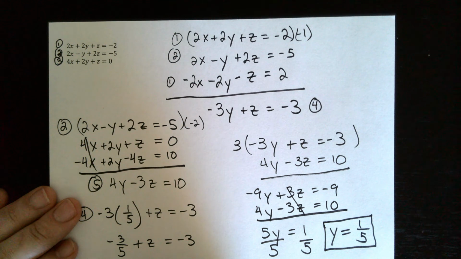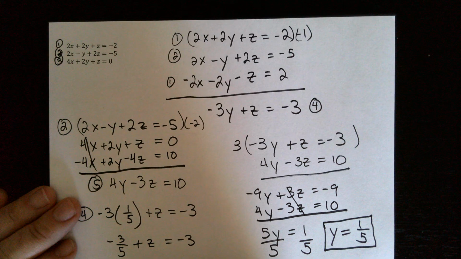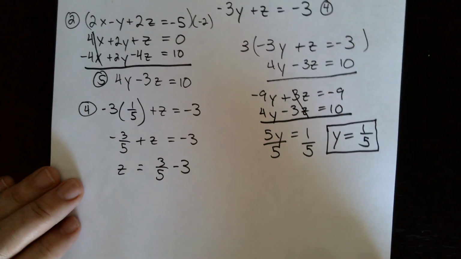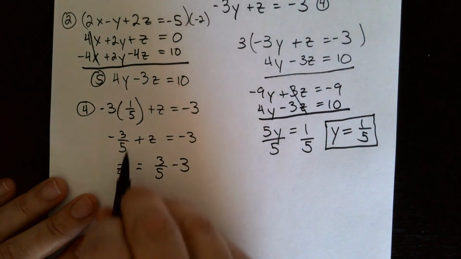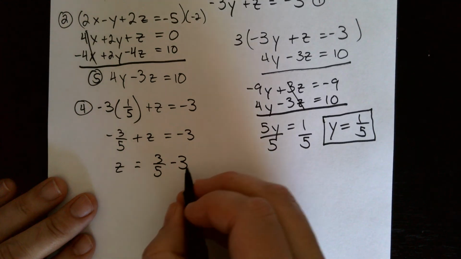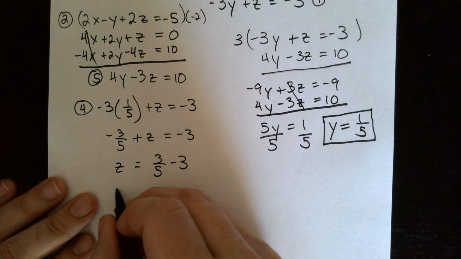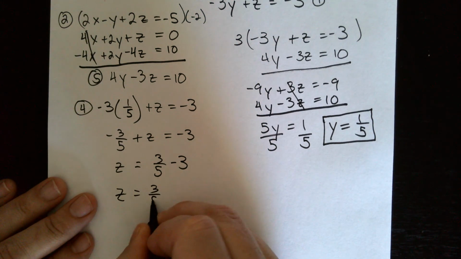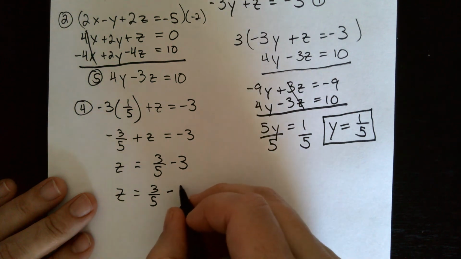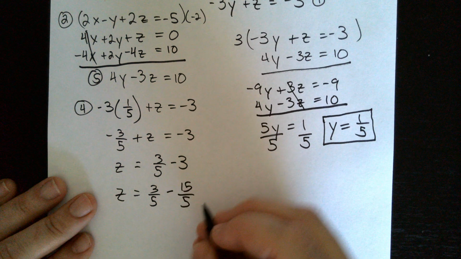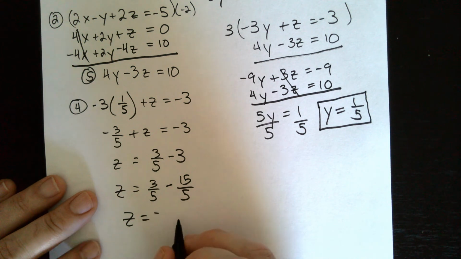Okay, and z is equal to 3/5 minus 3. Oh, you can't see. Now you can. And let's see, just trying to solve this out. Let's have a common denominator of 5. So I could change that into 3 over 5 minus 15 over 5, because 15 over the denominator. So z is equal to negative 12 over 5.